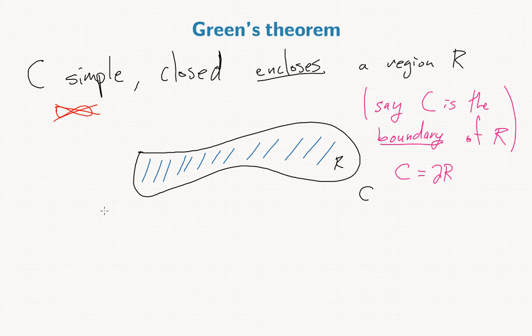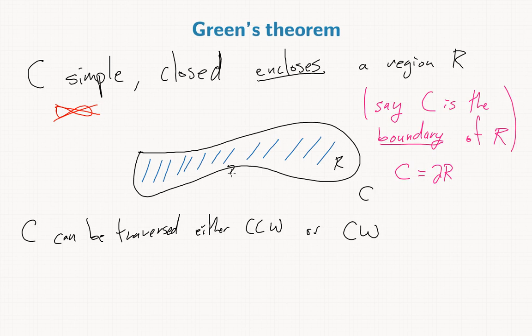Okay, so when we have this curve C, we can traverse it either counterclockwise or clockwise. So this would be traversing it counterclockwise. So we have an intuitive idea of what this means. We can make it a bit more mathy by saying if we're traveling counterclockwise, then the region R, which is the interior, will always be to your left.